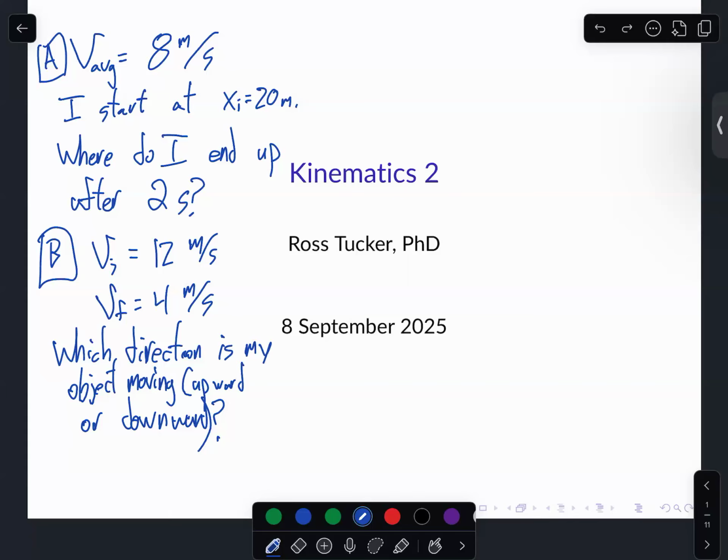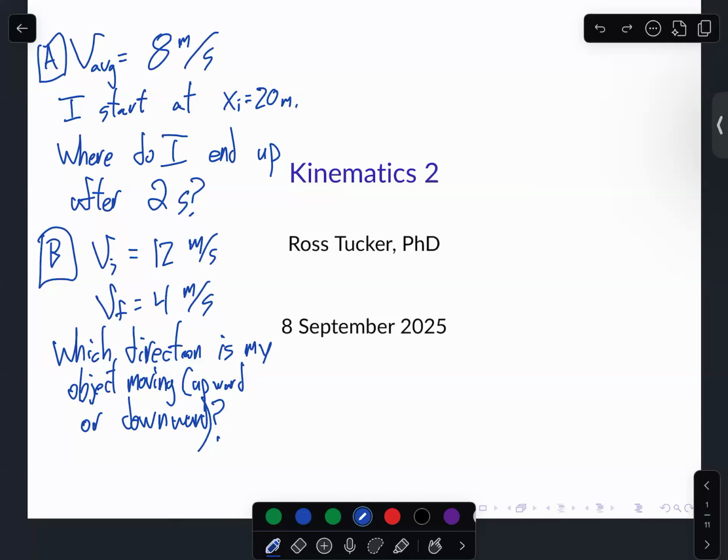Chop, chop, quick like a bunny. Okay, time's up.